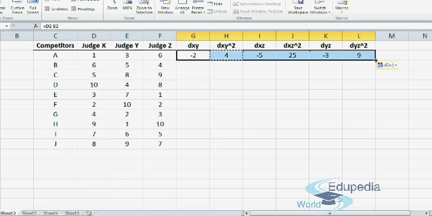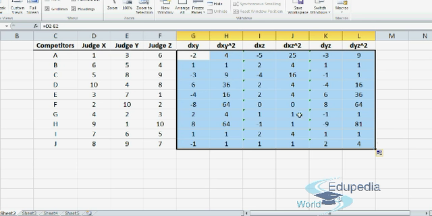Let me drag this down for all the rows, and here we have the values of the square of the deviations between X and Y, Y and Z, and X and Z.